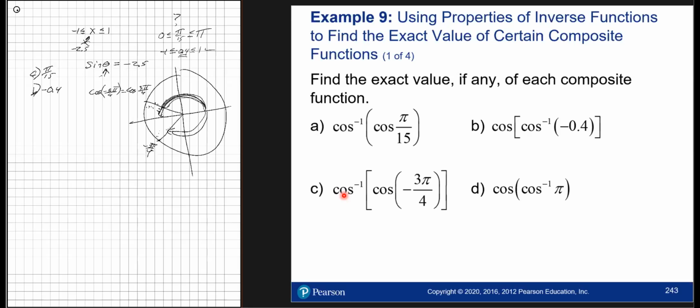I'm having a hard time talking right now. Trigonometric sounds right. The trig functions. I'm so used to saying trig instead of trigonometry. Okay. So here's the definition of inverse secant, inverse cosecant, and inverse cotangent.